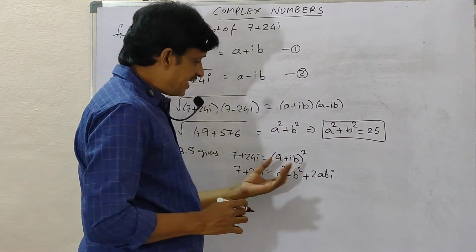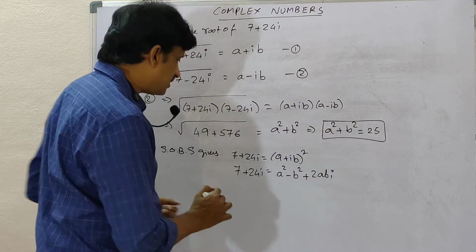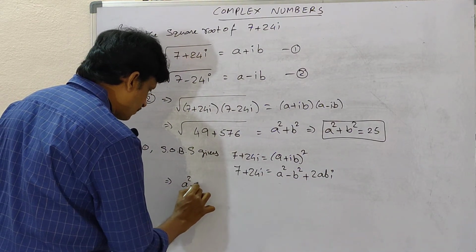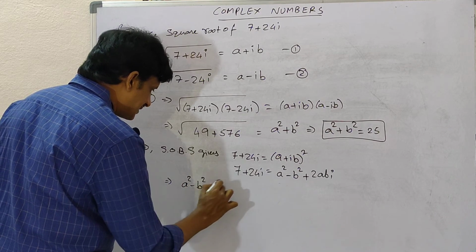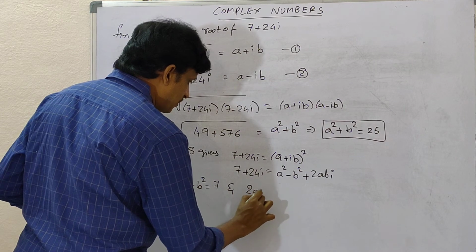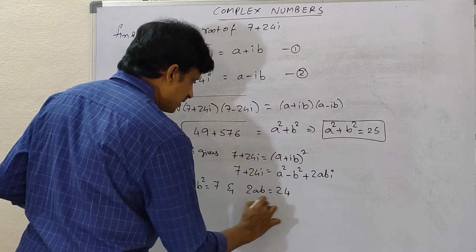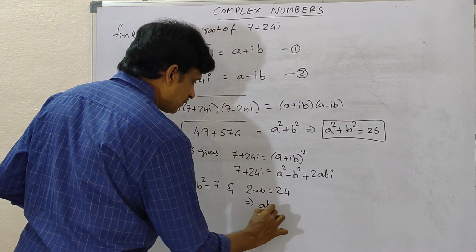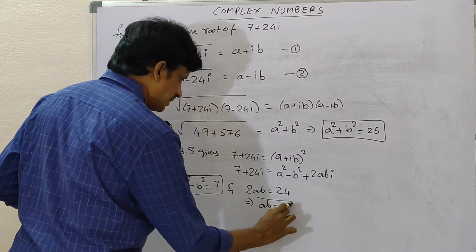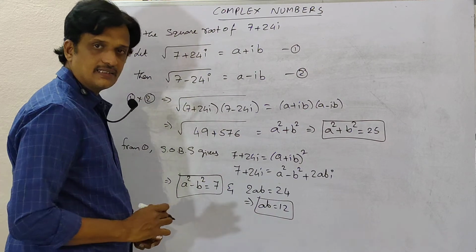Now by equating the real and imaginary parts, we get the real part a square minus b square is equal to 7, and the imaginary part 2ab is equal to 24, which gives ab is equal to 12. These are the relations we are getting here.